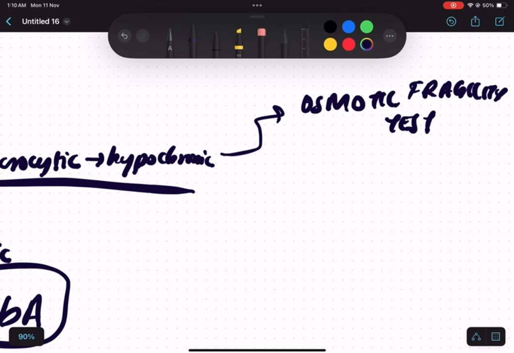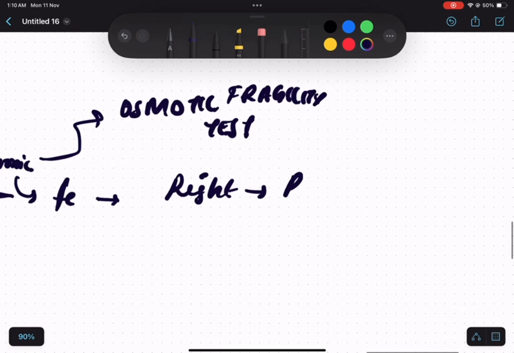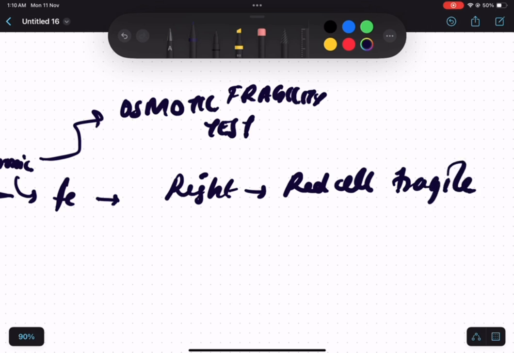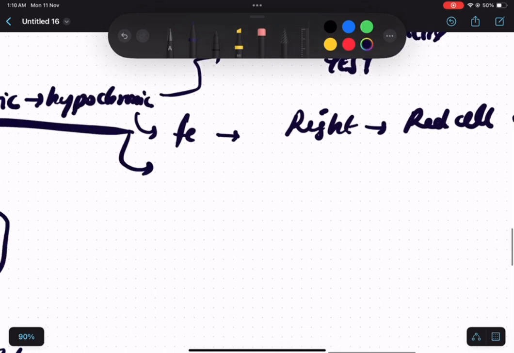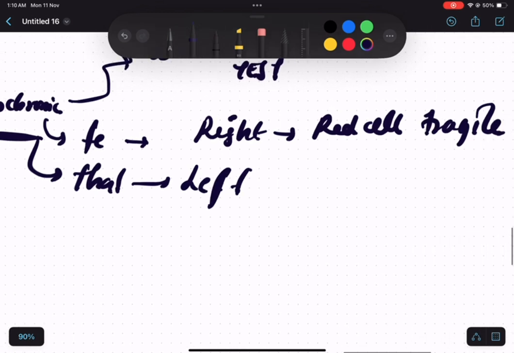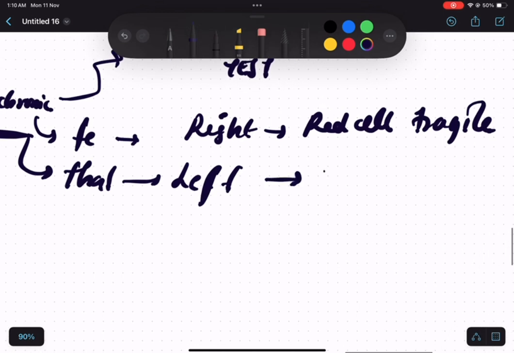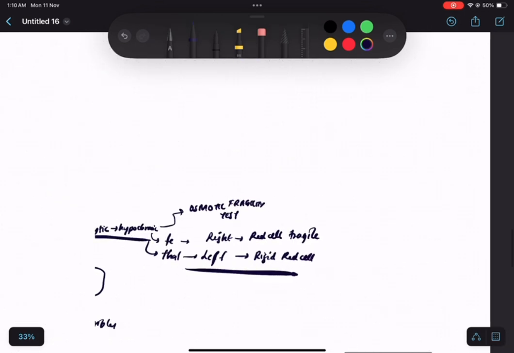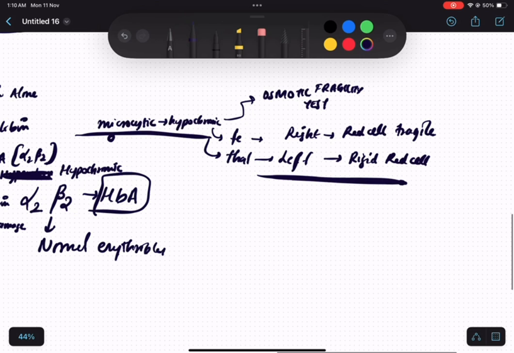In iron deficiency anemia, the osmotic fragility curve shifts to the right because the red cell is fragile, and in thalassemia it shifts to the left due to rigid red cells. That is the difference between the two.